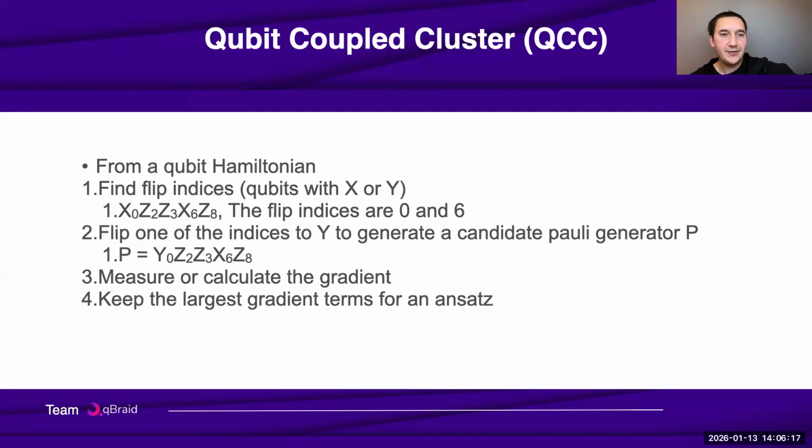The flip indices are ones with x or y on it, so it's 0 and 6. So then you flip one of those to either x or y, whatever one it isn't. And from that, you generate a candidate operation, which you would then put into a Trotter circuit generally. And from this, you get a reasonable ansatz.